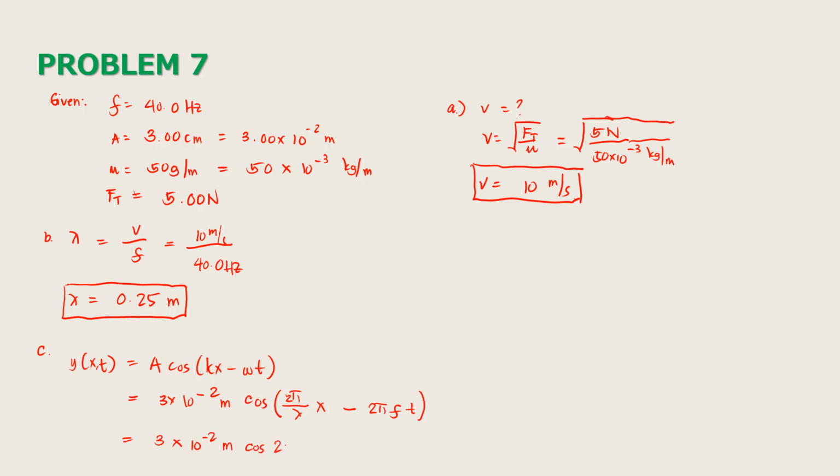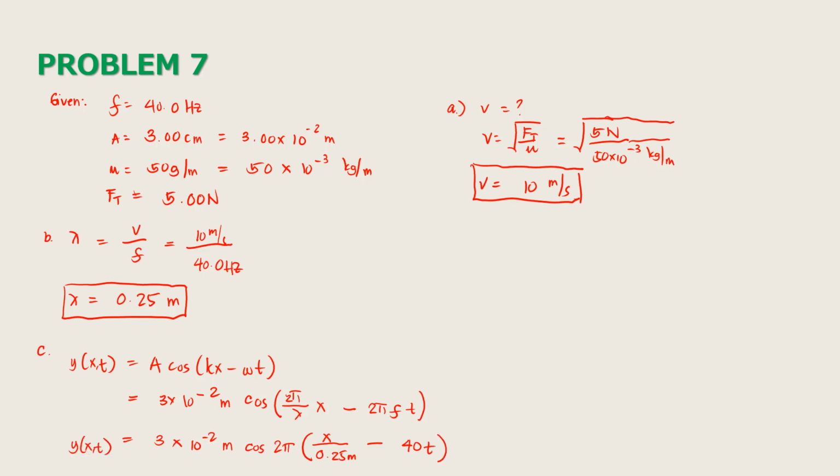We can take 2 pi out, and then in the parenthesis we have x over lambda, which is 0.25 meter, minus f, which is 40 hertz, times time. So this is our wave function.